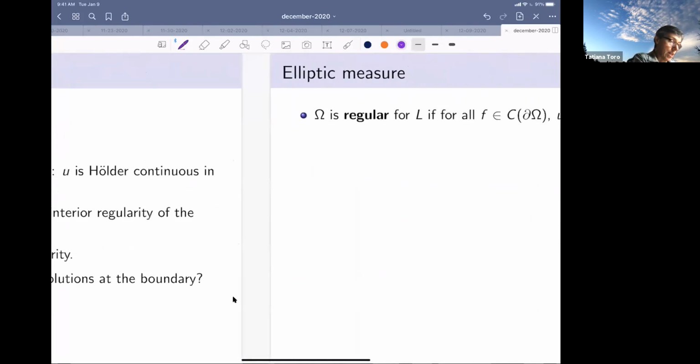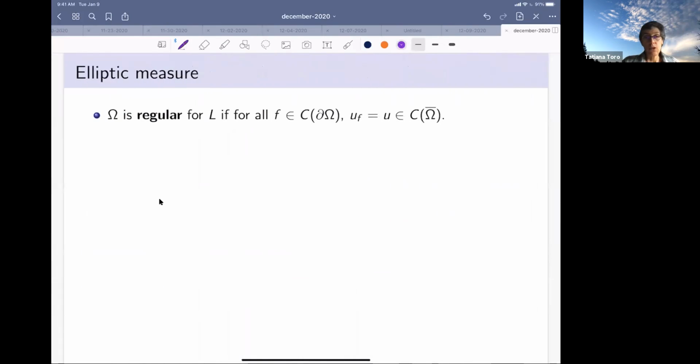So elliptic measures. So we say that a domain is regular, and if you want, remember what happened. I asked, for every f that is continuous at the boundary, can you find a solution that is continuous all the way to the boundary? And we all know that the formulation of the PDE I put was a weak formulation. I was looking initially for a W^{1,2} solution.